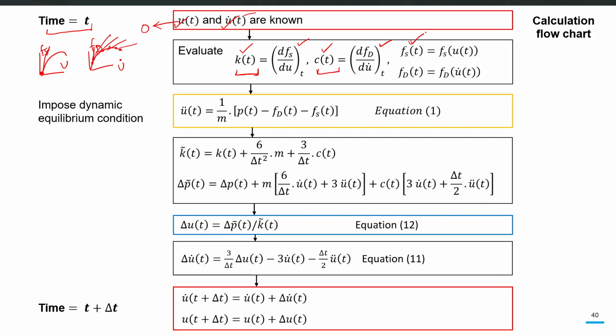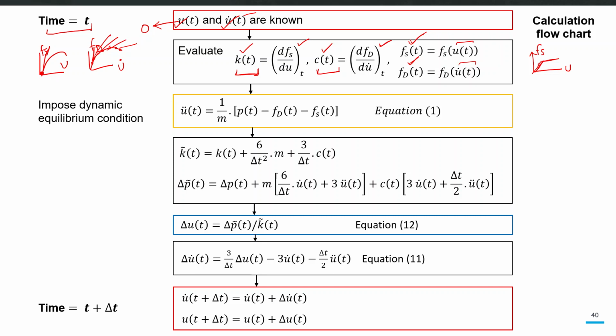So these fs and fd relationships, which are functions of u and u dot respectively, will be given for a nonlinear structure. For example, my structure is a steel structure and the fs and u relationship will look like this, an elastoplastic or bilinear kind of structure.